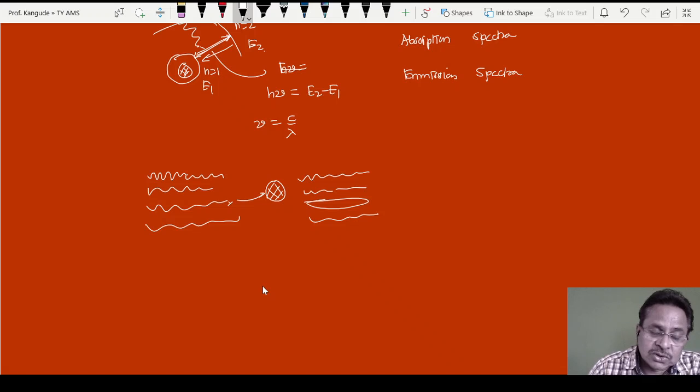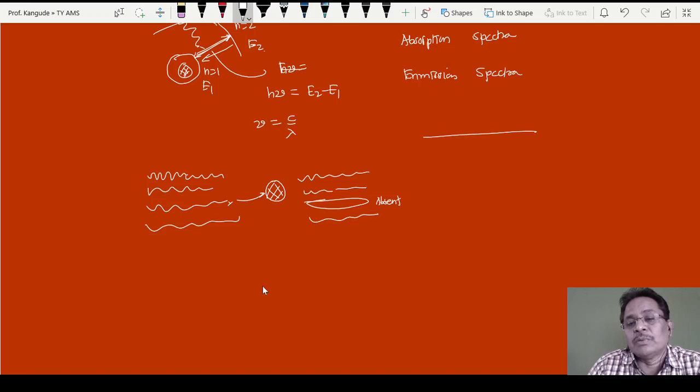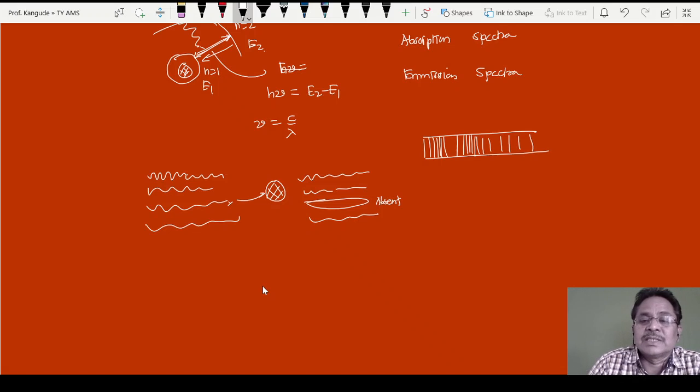So the electron inside that atom goes into the excited state, and therefore in its spectrum we see this particular electromagnetic radiation is absent. If I look at the picture of the spectrum in a slit, you will find that all radiations are present except a few radiations which are absorbed. These different lines are possible, and some of the lines are absent in the region.